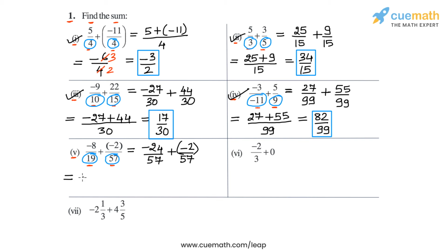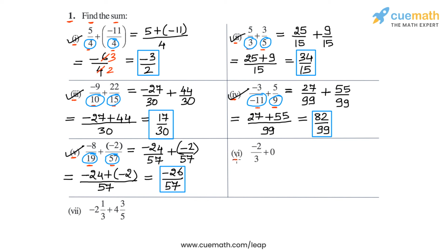And now we add the numerators. So minus 24 plus minus 2, and divide this by 57. Minus 24 plus minus 2 is minus 26. So we get minus 26 in the numerator and 57 in the denominator. So in part 5, the sum is minus 26 by 57. This completes part 5.